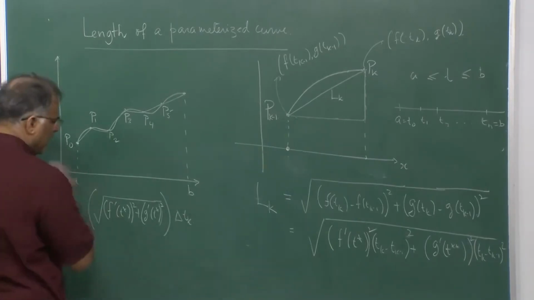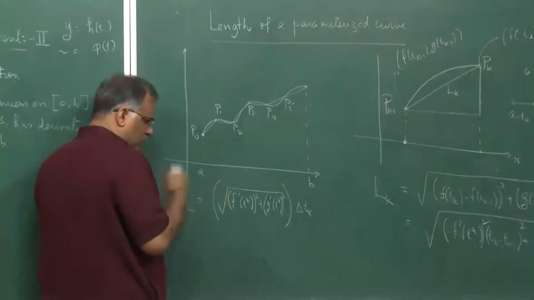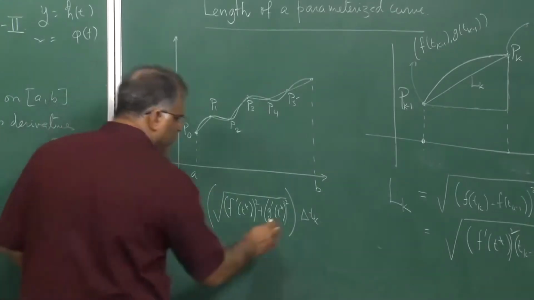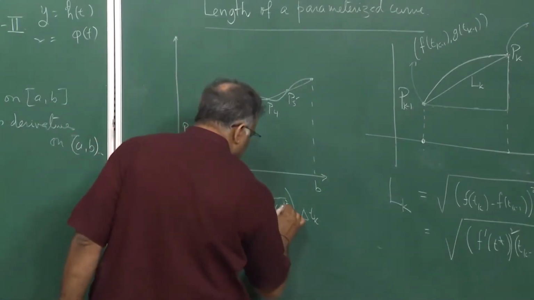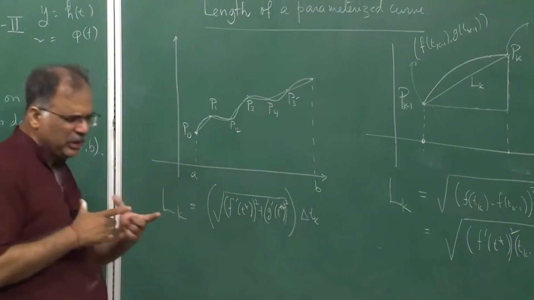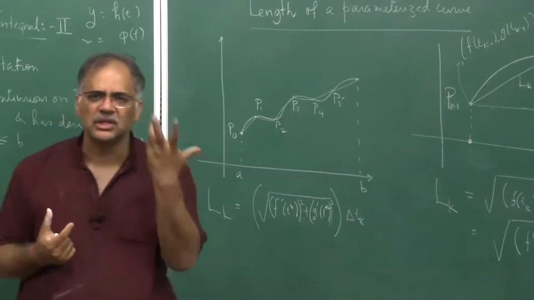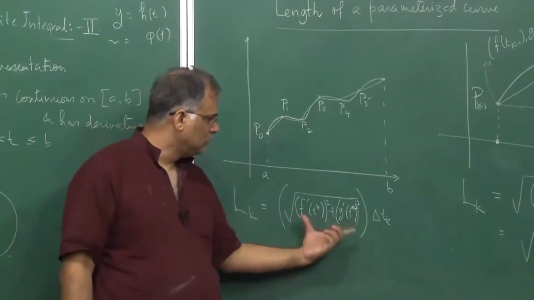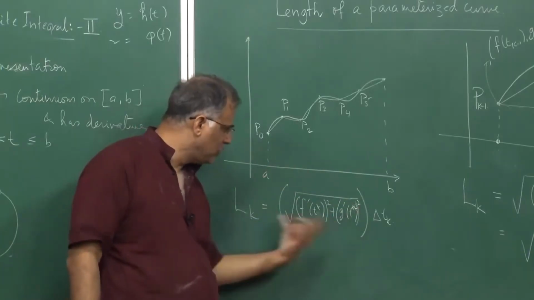Now, what are t star and t double star? They are both lying between t_{k-1} and t_k. These are just tags. So, this is a function value you are integrating over.